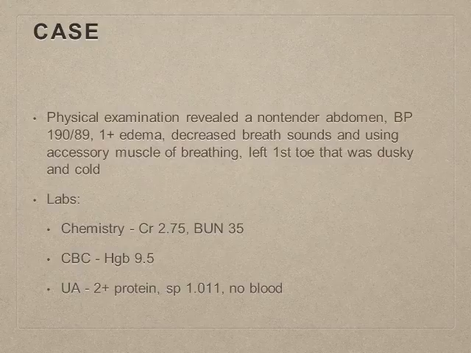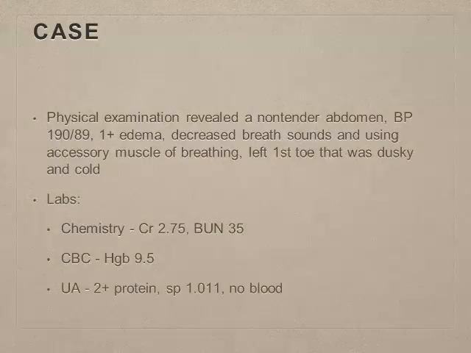It's possible, but her urea nitrogen was not that elevated. For CBC, her hemoglobin was low, 9.5, attributable to anemia of chronic disease secondary to her chronic kidney disease. Her UA was pretty bland, did show a little bit of protein, did not have any blood, and her specific gravity was 1.011.